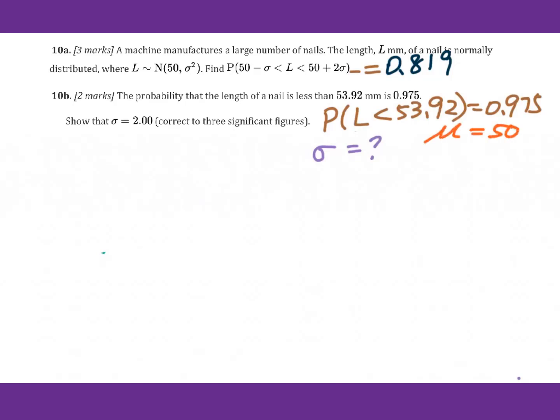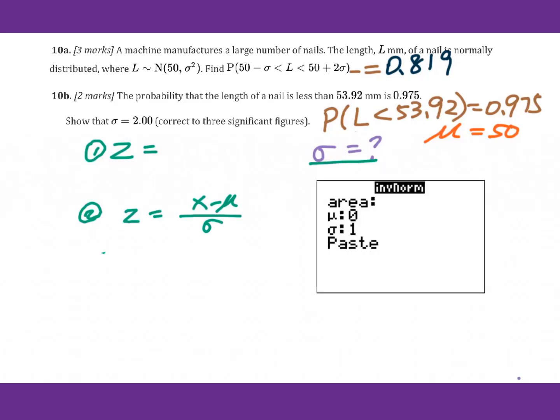When you're looking for the standard deviation, you have to get the z-score first. Then use z equals x minus mu over sigma to figure out this sigma. Go to inverse norm. The area we put in is 0.975, because here it is less than, so this number we directly put in.